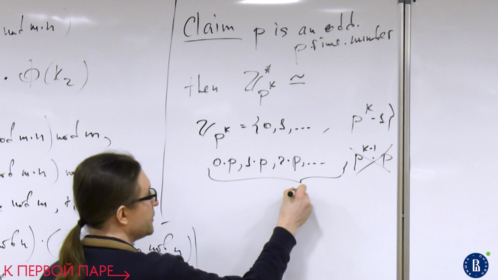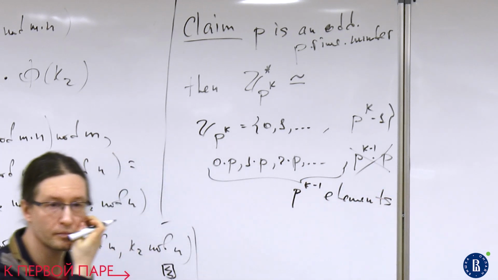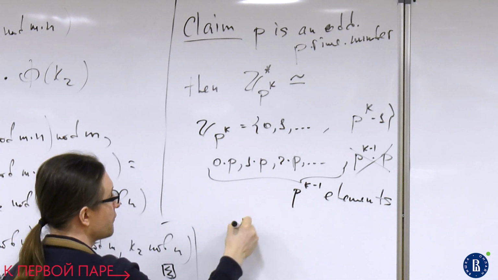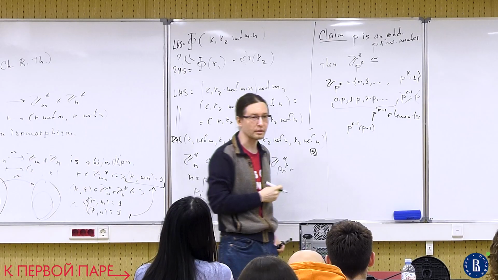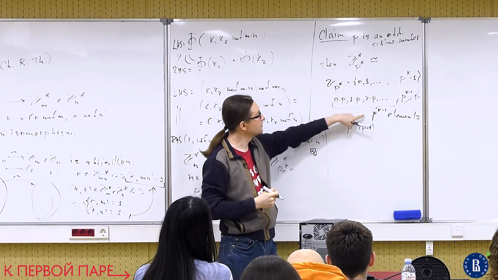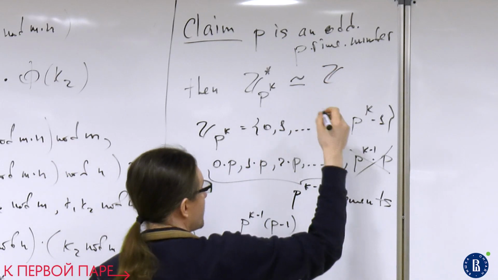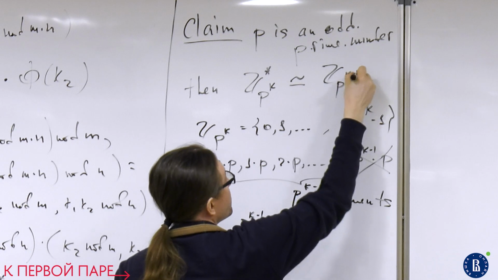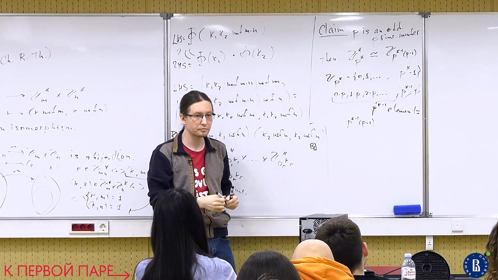Okay? So that's why here we have p to the k minus 1 times p minus 1 elements. This is the amount of elements in this group because we subtract this amount. So this group will be isomorphic to the cyclic group with this amount of elements.